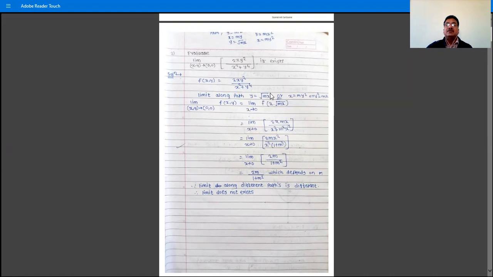Solve this by taking the limit along the path y is equal to root mx. So the simultaneous limit as (x, y) tends to (0, 0) of f(x, y): substitute y is equal to root mx. Therefore, as x tends to 0, f of (x, root mx).